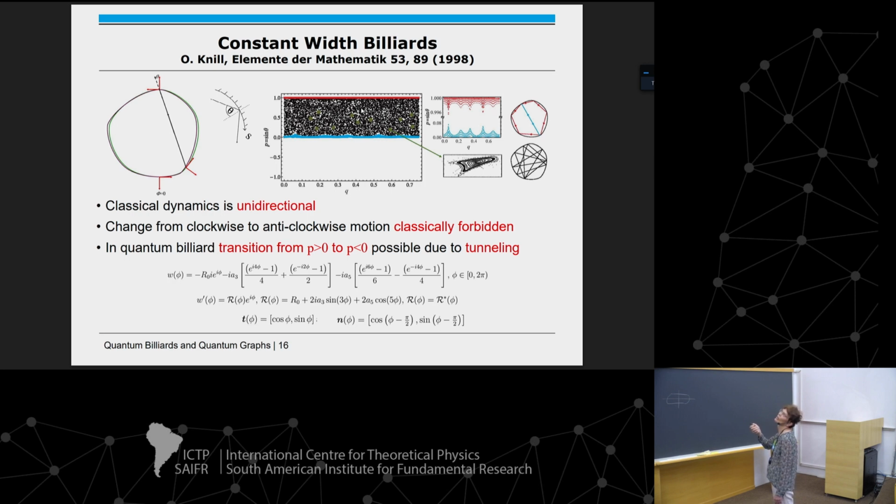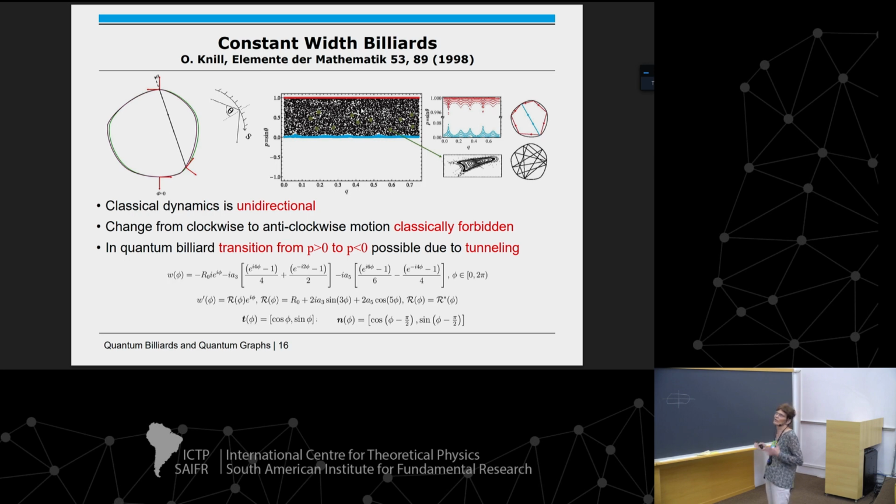And the diameter orbit is this turquoise one, and whispering gallery modes move very close to the boundary. And so the classical dynamics is unidirectional. That is, you will only fill one half of the Poincaré surface of section if you start in one direction, if you don't change direction, if you don't start in the other direction. And so a change from clockwise to anti-clockwise is classically forbidden.